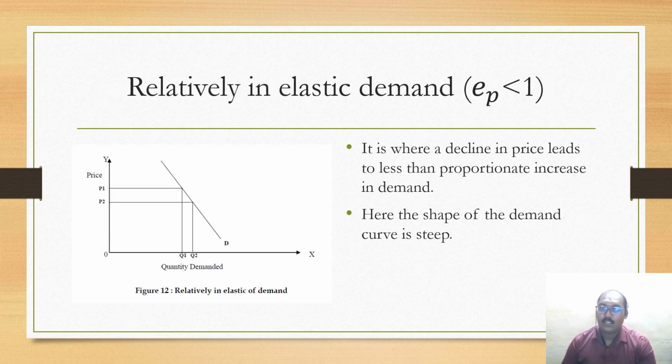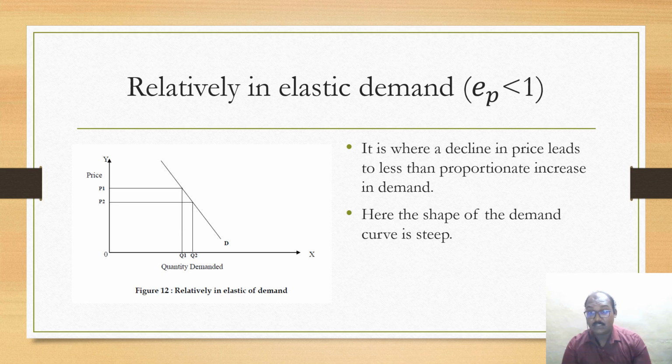Similar to the relatively elastic, the relatively inelastic demand will be close to inelasticity. So whenever the price is changed, the demand is also affected, but the proportion will be very, very small. For example, we can take food items.